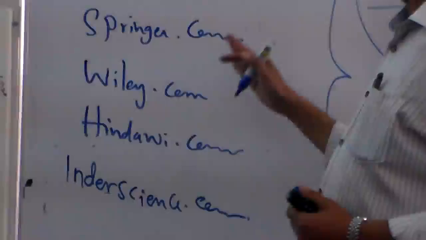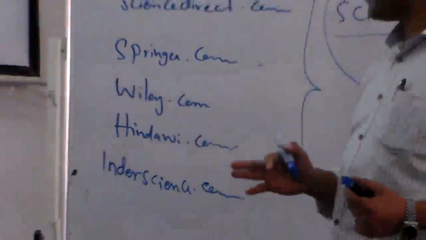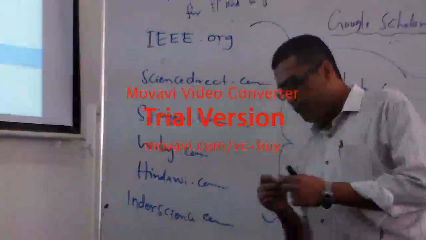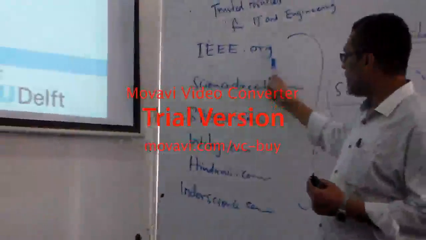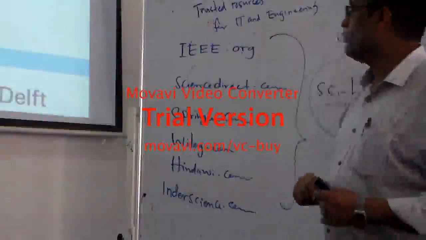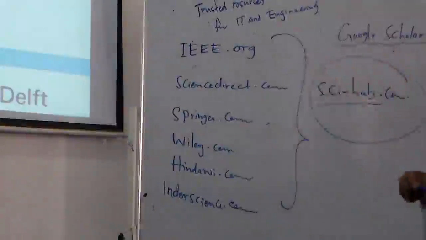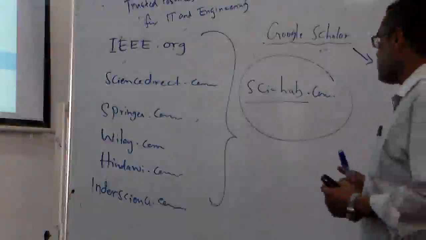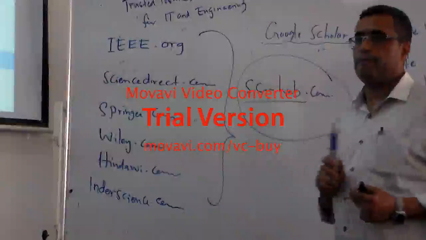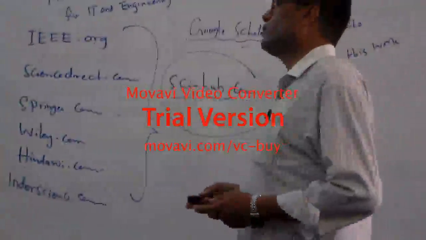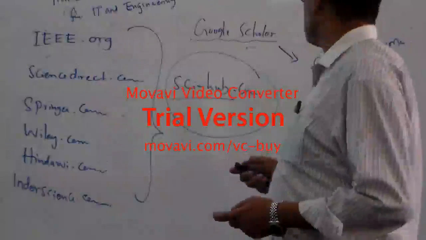I mean, it is not only these sites or libraries or publishers. You can find different publishers, but these are the main publishers or main sources that you should search through. And you should use Google Scholar. And I will show you later in the office how to use Sci-Hub for searching about the resources.